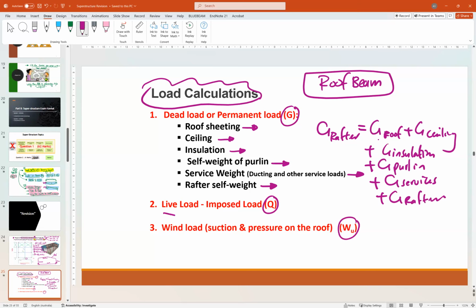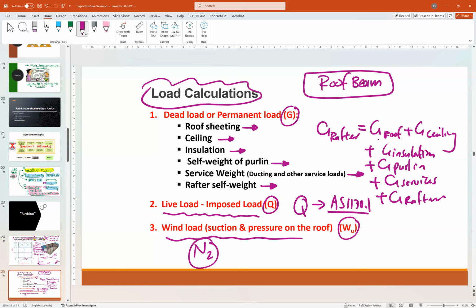For the live load, Q is from the tables in AS 1170.1. For the wind, the wind class is given already as N2.